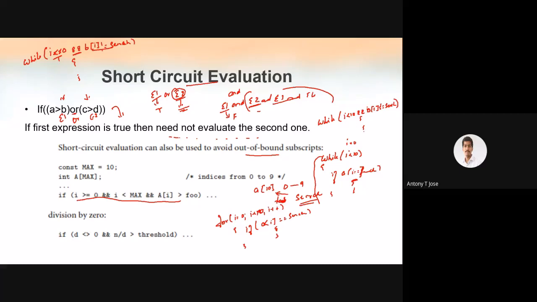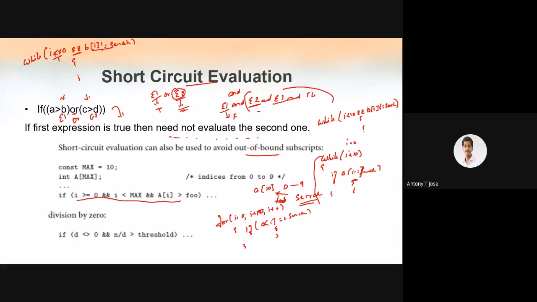So the condition is if I less than 10 and A of I not equal to such. Okay, so this is a condition, and I am compiling this one as if it is not a short circuit evaluation. So what happens? For I equal to 0, body will be executed. I equal to 1, body will be executed.